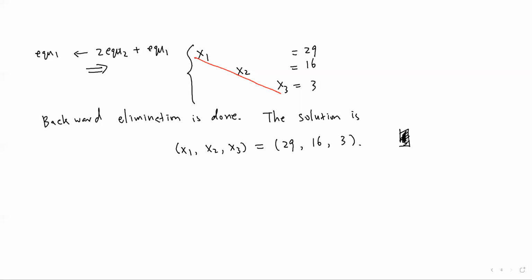This example is from the last class. Now, second example about solving a linear system. Example 2.